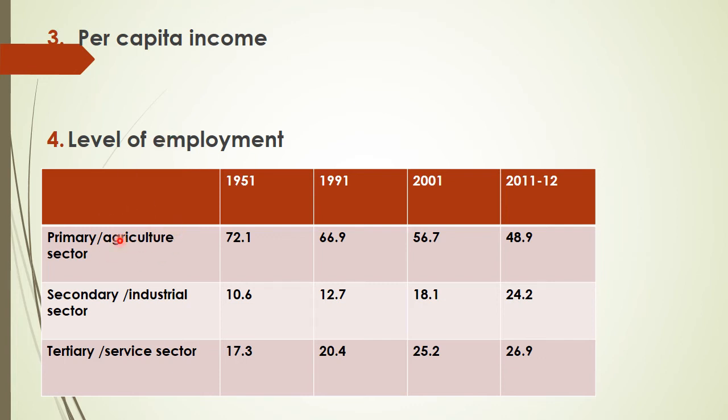The primary sector includes agriculture and allied activities, dairy farming, animal husbandry, whereas the secondary sector, or we can say industrial sector, includes manufacturing, construction and mining. So we can say all the production activities are included in the industrial sector.